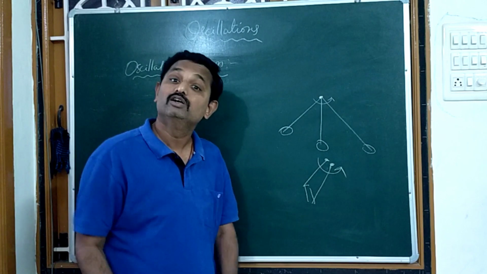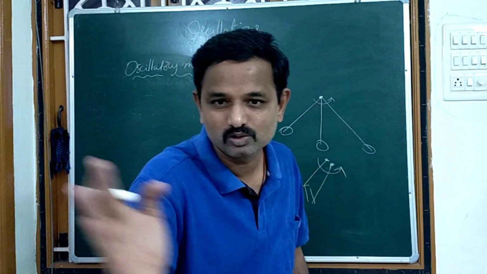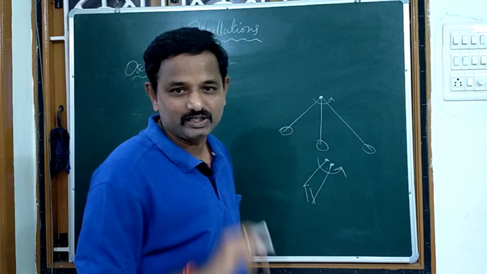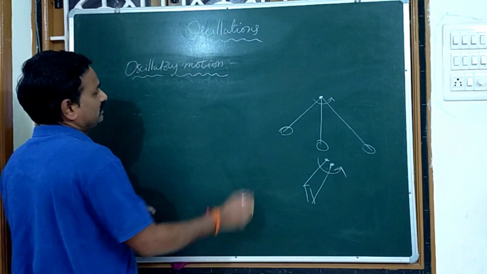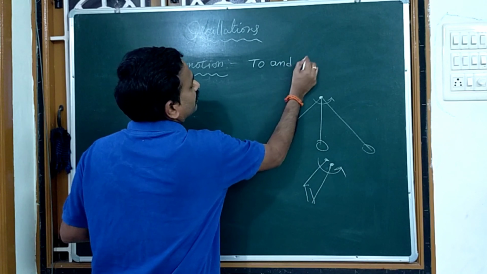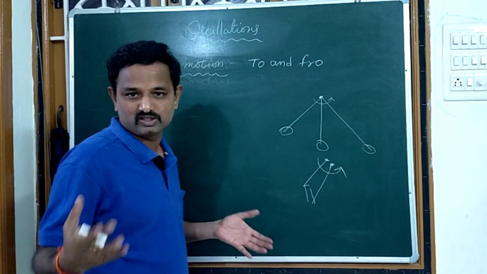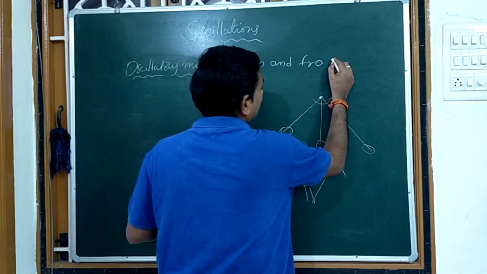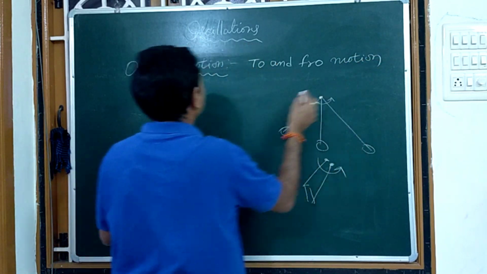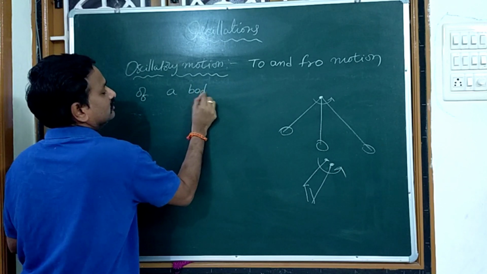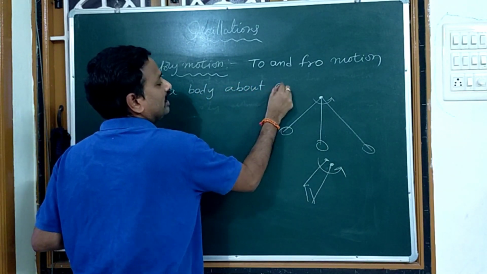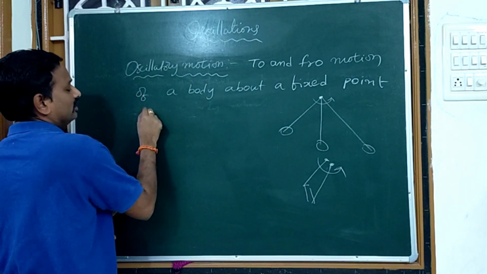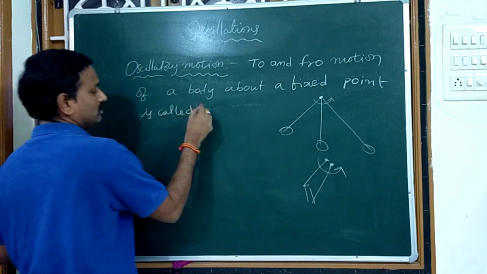Which type of motion is it here? To and fro motion. To and fro means like to and from a place. So, to and fro motion of a body about a fixed point is called oscillatory motion.